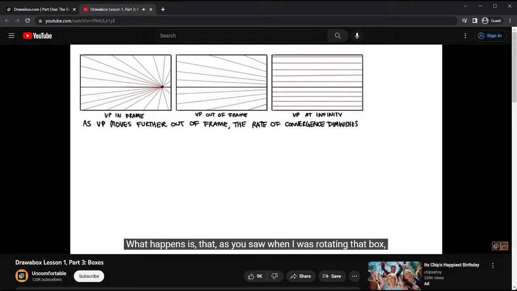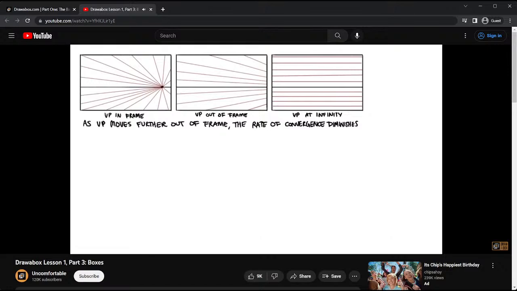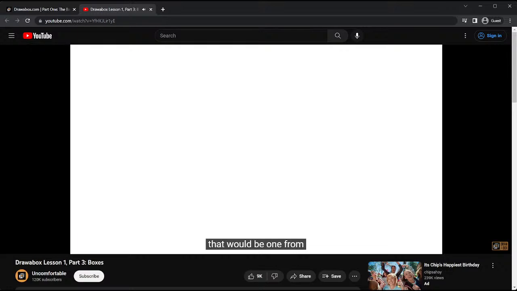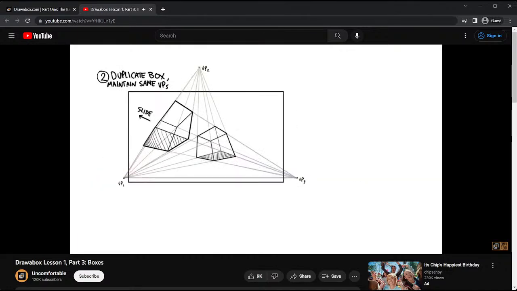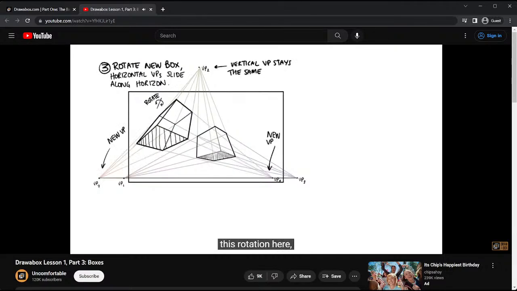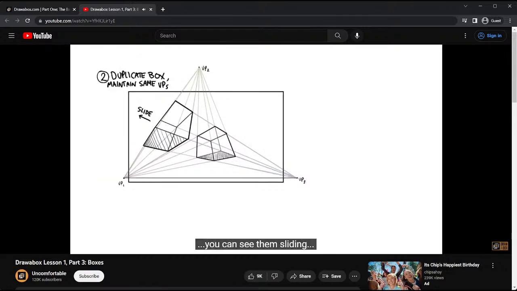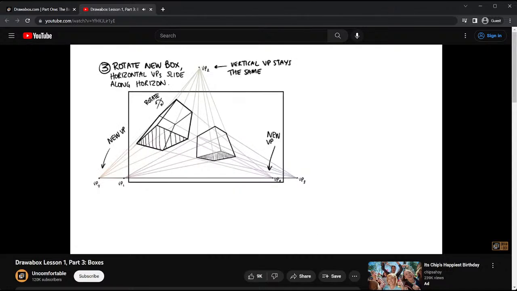What happens is that, as you saw when I was rotating that box, let's just bring this up, get rid of this clutter. So when I did this rotation here, the vanishing points slid along the horizon line, right? Let's toggle between that again, so you can see them sliding.